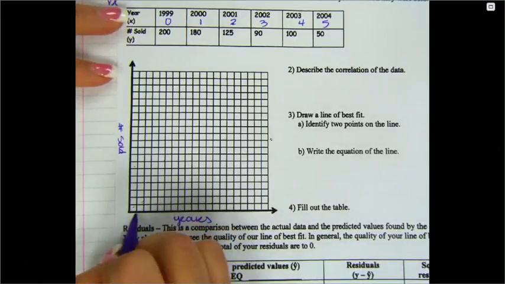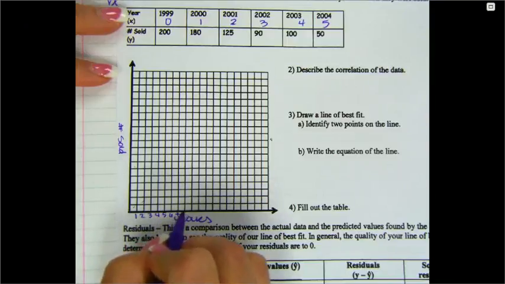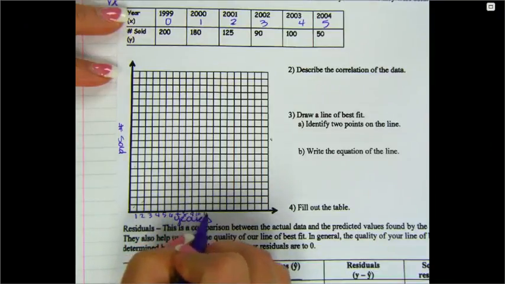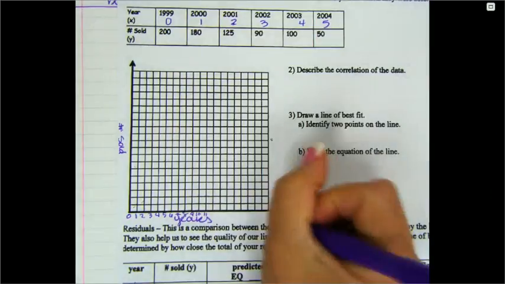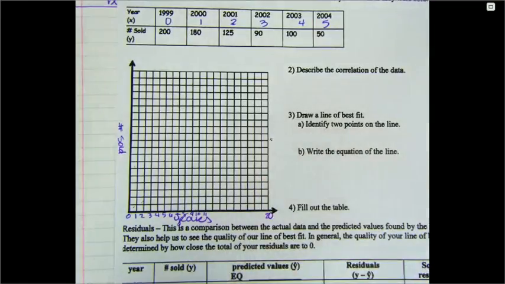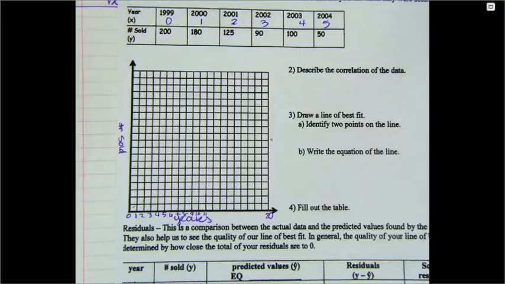Okay. I think it goes all the way to 20. On the side, how do you want to count by numbers sold? Tens? Okay, you can count by tens.